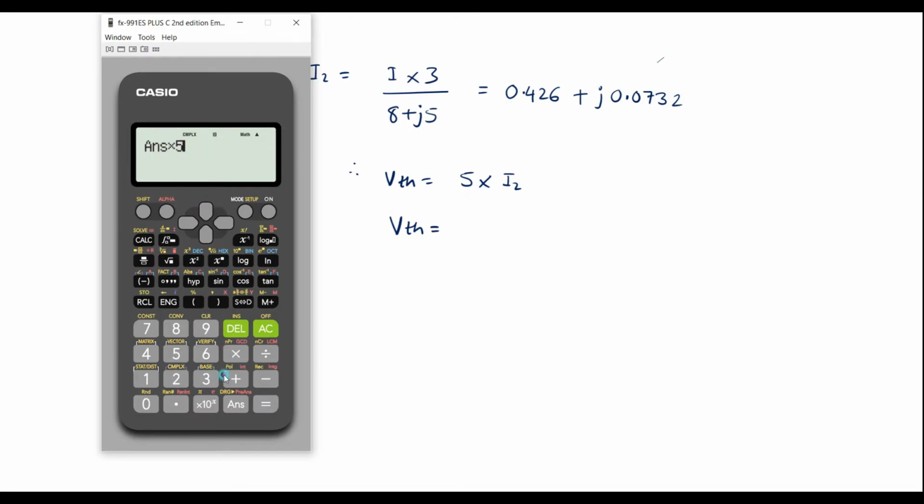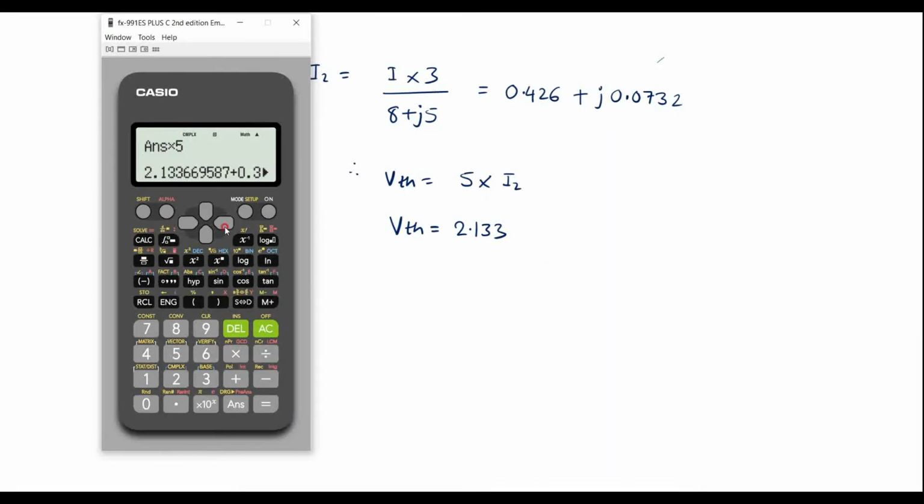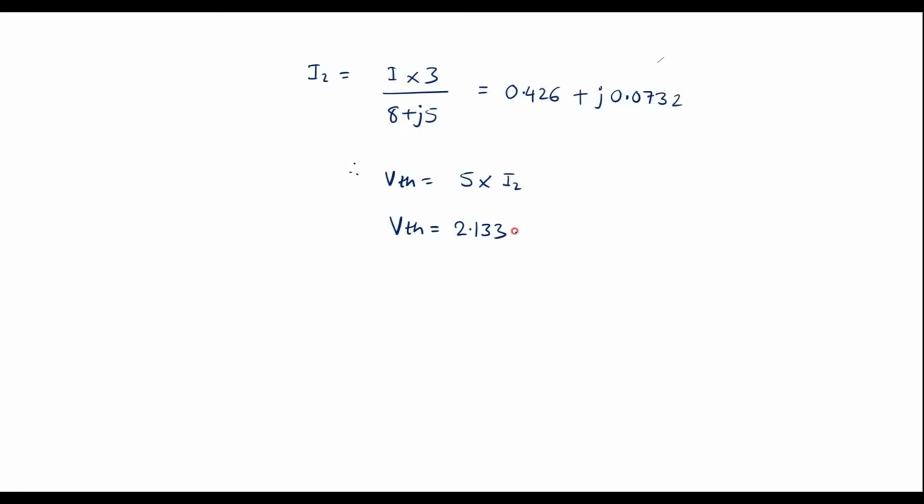So here it gives 2.133, then plus J 0.366. So this VTH is in rectangular form.